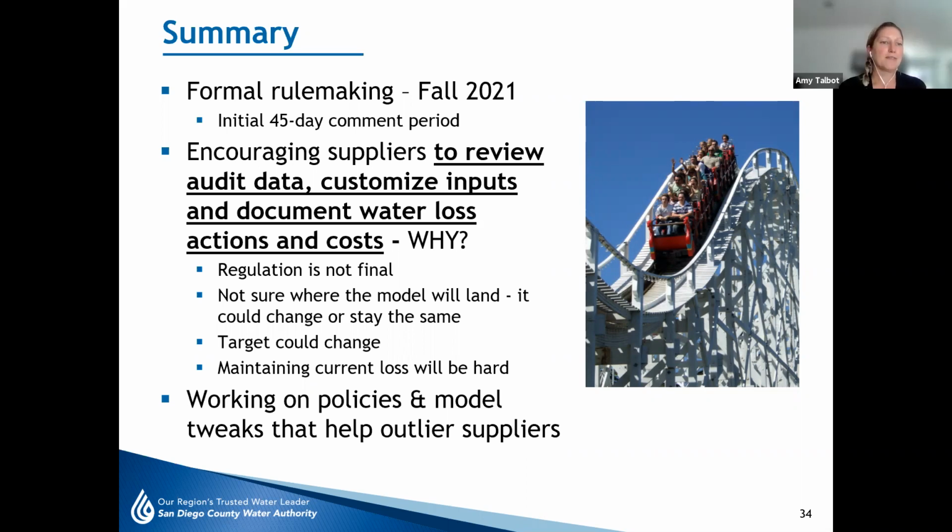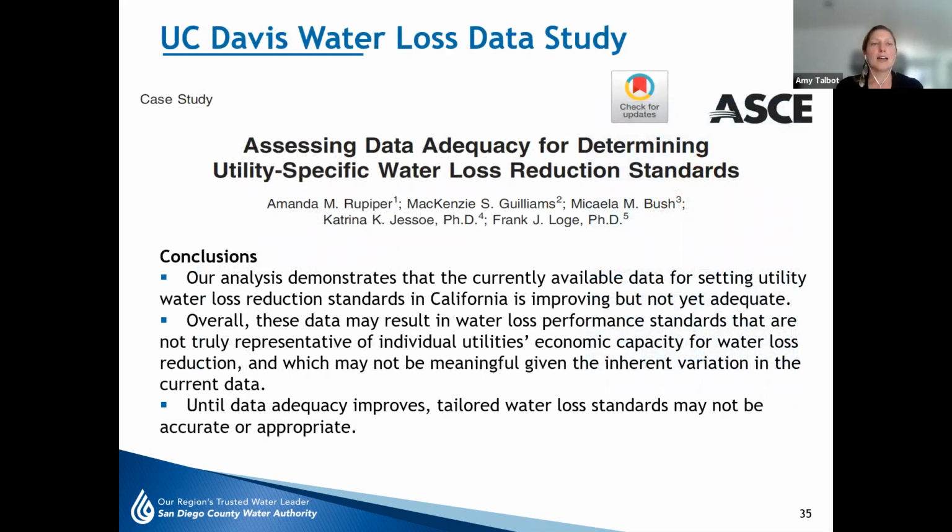And then finally, last slide, next slide, please. I just wanted everyone to be aware of this UC Davis water loss data study. They did an assessment of all of the audit data that is used for the baseline of the model itself.